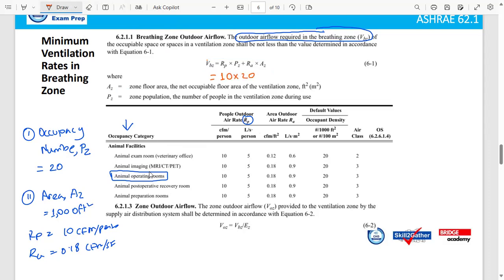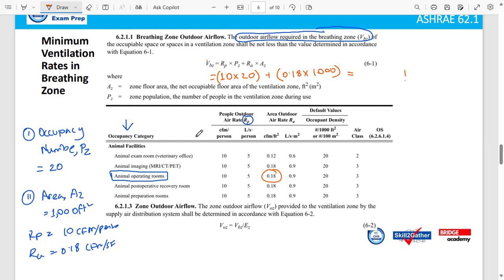So 10 multiplied by 20, 200 CFM here, plus RA is 0.18, so 0.18 multiplied by 1000. Now, if you solve this, you get the amount of fresh air.